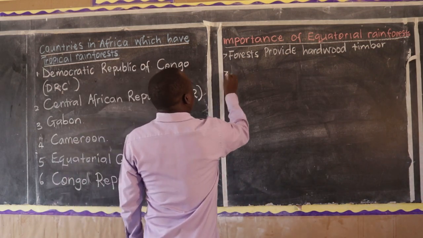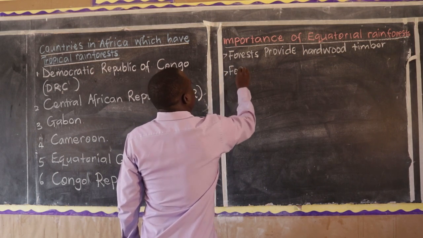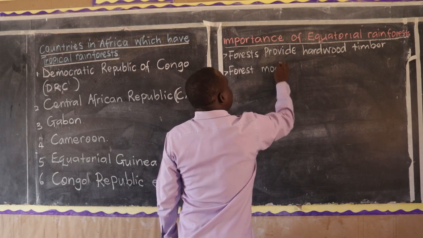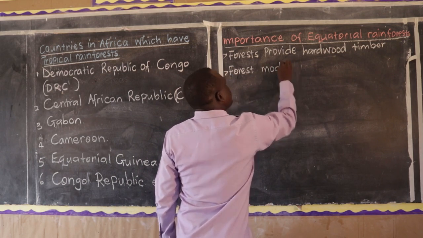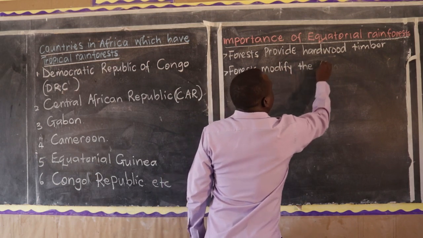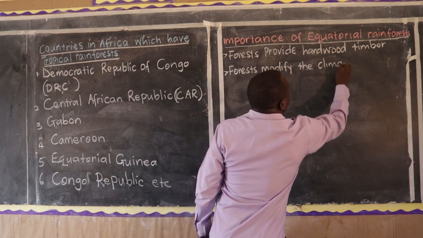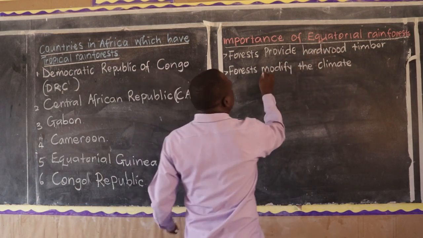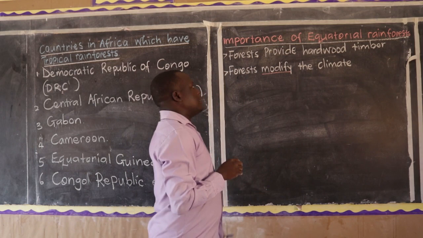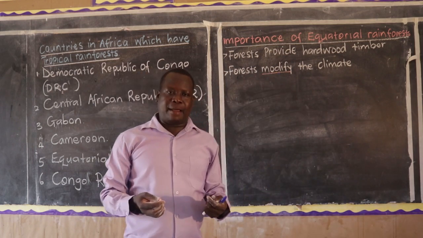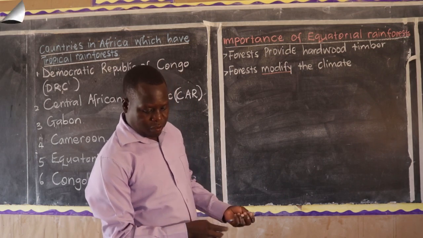Another thing, we also say that these equatorial forests modify the climate. When we look at this word modify, what does it mean? They improve the climate of an area, making it good for us to live in.